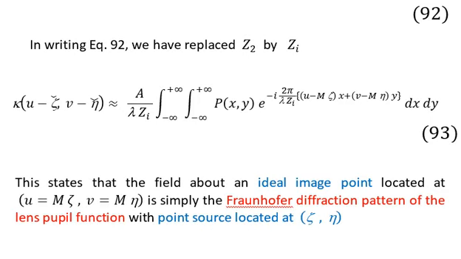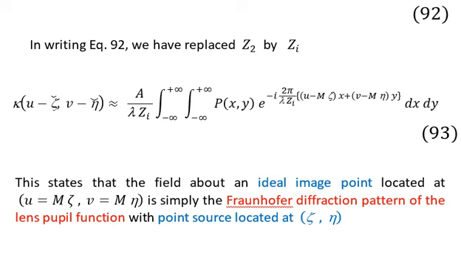So you see that this states that the field about an ideal image point located at u equal to m times zeta and v equal to m times eta is simply the Fraunhofer diffraction pattern of the lens pupil function with the point source located at zeta and eta. Let me read once more, because this statement is very important.